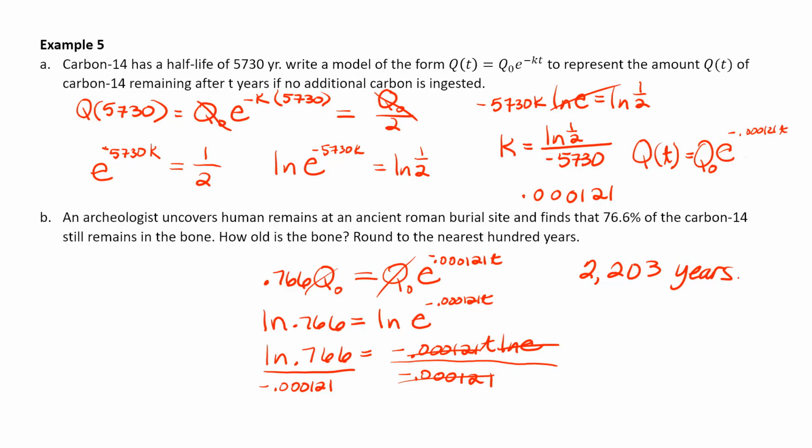2,203 years is not that long ago, but when people try to use this kind of dating to figure out the age of very, very old things, that can be misleading possibly, because we don't know, a million years ago, if the Earth was here, how do we know that carbon-14 has always decayed at this rate?